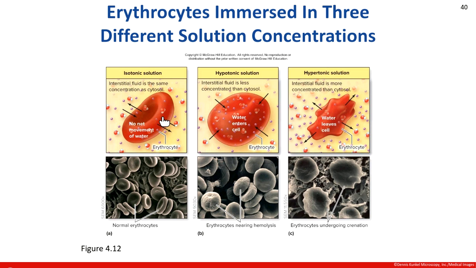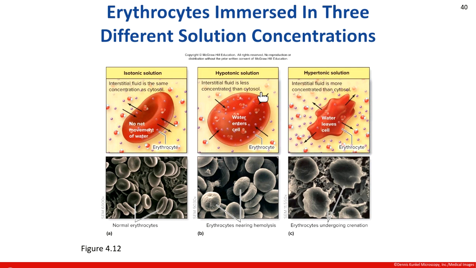Now we take a red blood cell and we put it into what we call a hypotonic solution. What that means is the solution has less solutes in it, meaning there are fewer solutes outside the cell than inside the cell.